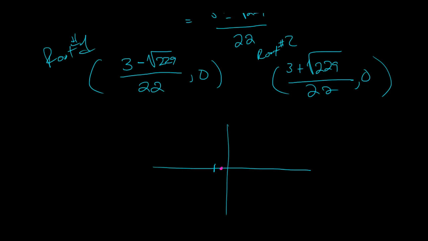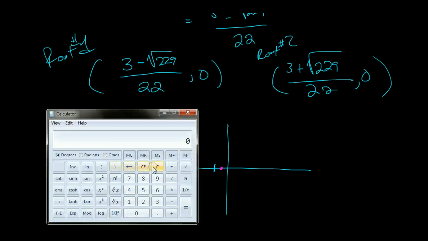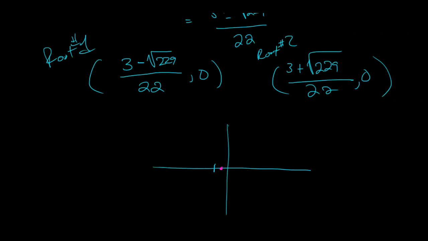And my other root would be, let's try the other root. The other root would be, in parentheses, 3 plus 229 square root, close those parentheses, divide that by 22, and that would be a positive, a little more than, close to 1.